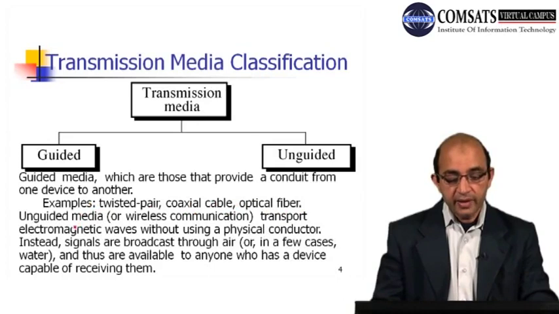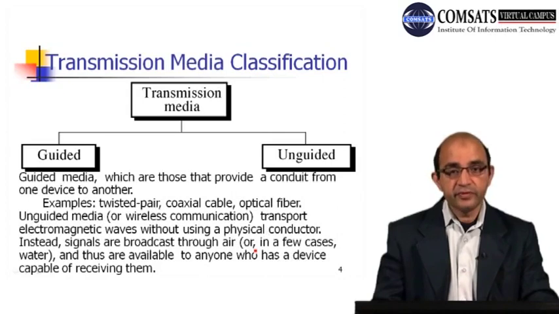The unguided media is normally referred to as wireless transmission or wireless communication media. We normally transmit electromagnetic waves without using any physical conductor. So the signals are transmitted in the air, or in a few cases we can use water also, the surface of water, or maybe the water itself.